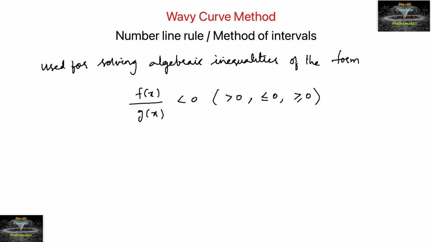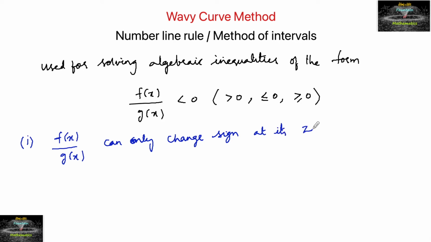So there are certain things to be noted. The first point: f of x by g of x can only change sign at its zeros, the roots of f of x and g of x.